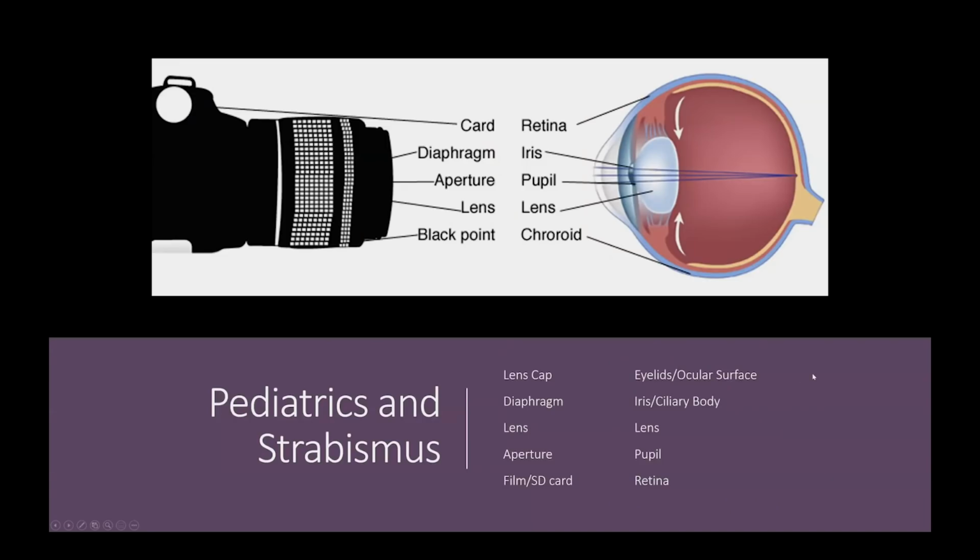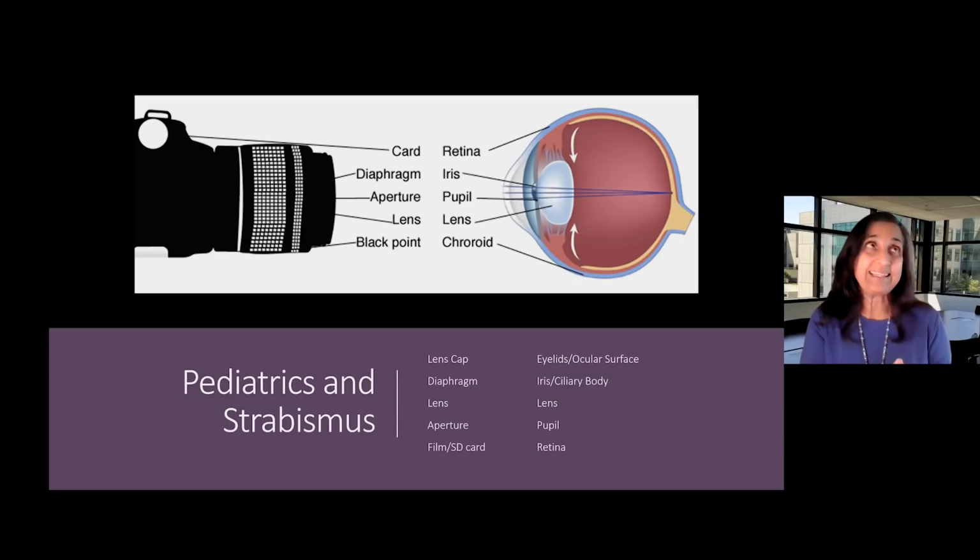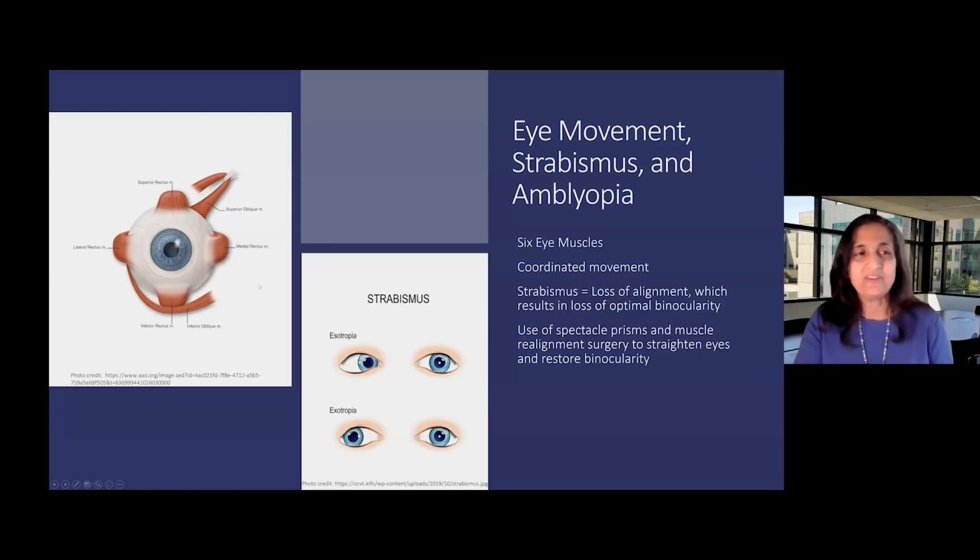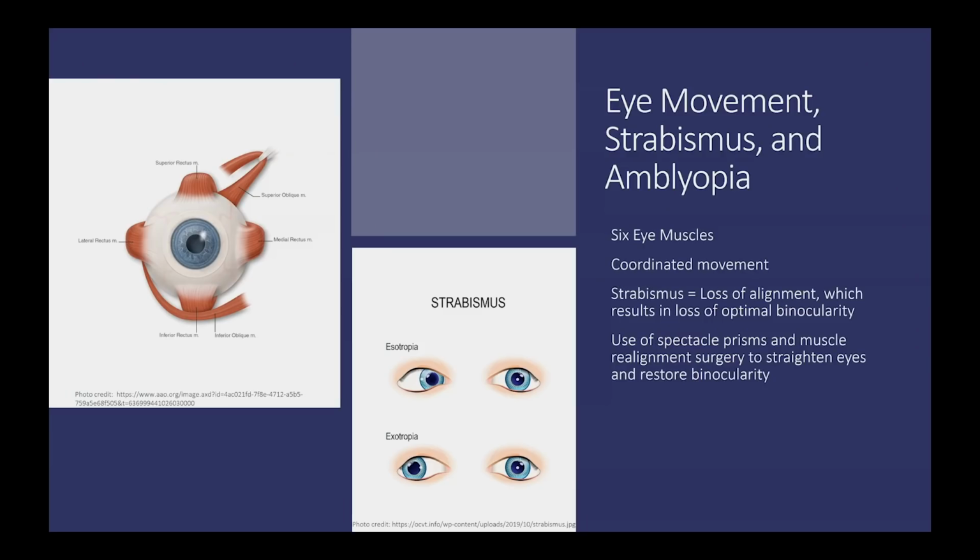And finally, we'll have a talk on childhood diseases of the eye, pediatrics and strabismus. Now, I hate to say it, but my camera analogy doesn't work that well for pediatrics. In children, it is the muscles that move the eye that often can cause trouble. There are 6 muscles that move the eye in all different directions.